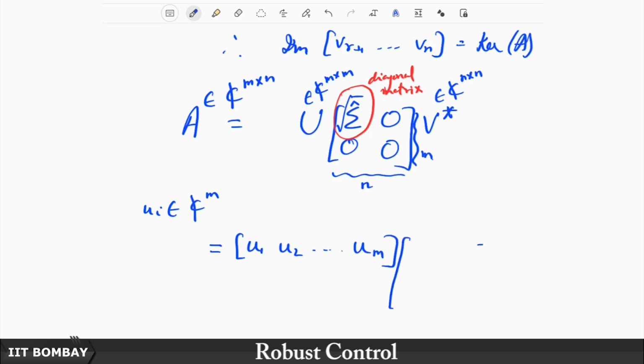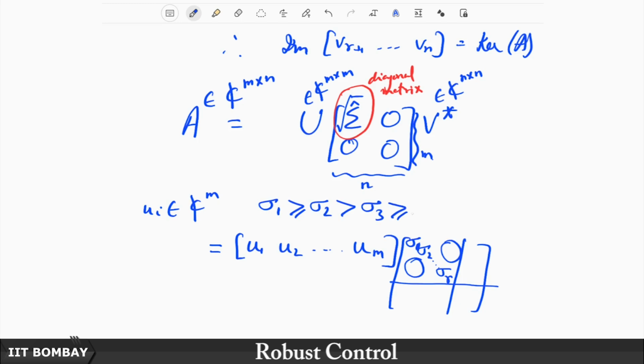And then I have this sigma 1, sigma 2 till sigma r, remember, where not just the fact that these sigma 1 through sigma r are positive numbers, but also the fact that there is an ordering, till we have sigma r.